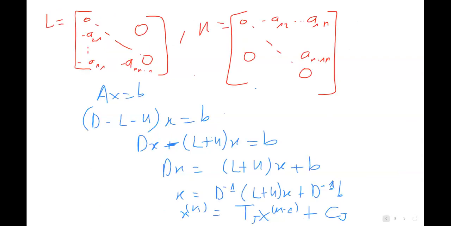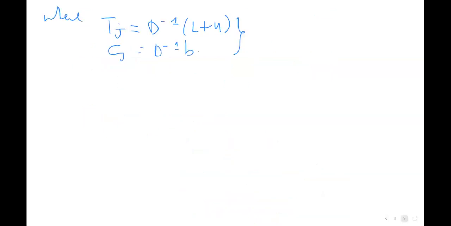And this is what we mean by the Jacobi method. Basically, we write it again as a fixed point.